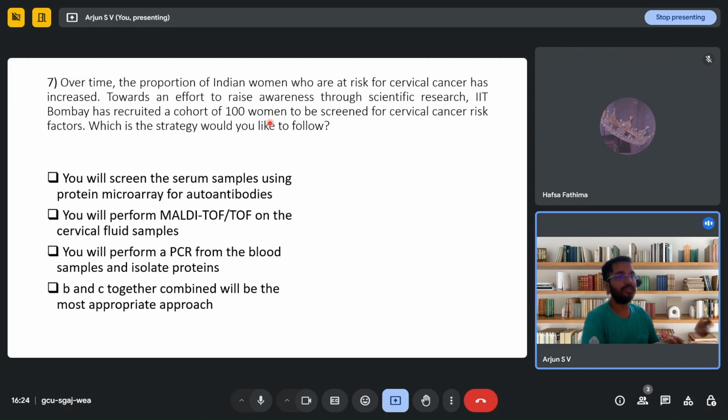You would like to perform the same thing for a large number of samples, and you don't know how many cervical cancer risk factors there are. If you collect a sample from 100 women, you would like to minimize the sample usage by using it for a lot of sample factors. So, which one of the options will you go for? Protein microarray, multi-TOF, PCR, or multi-TOF and PCR combined.